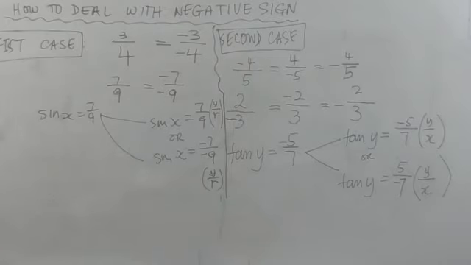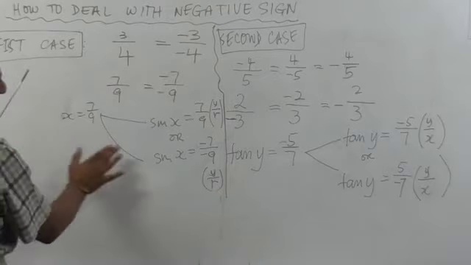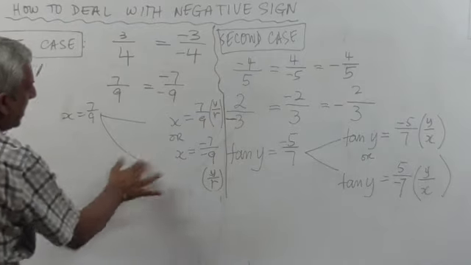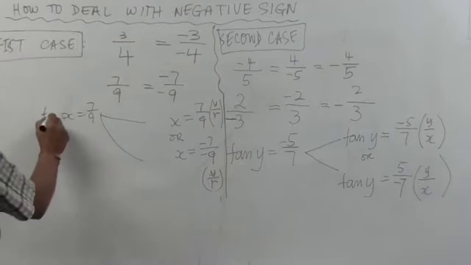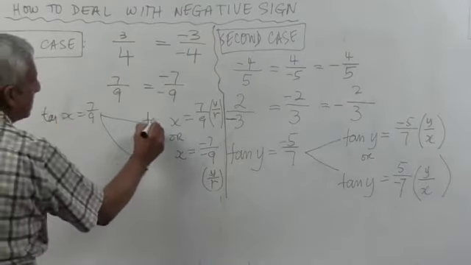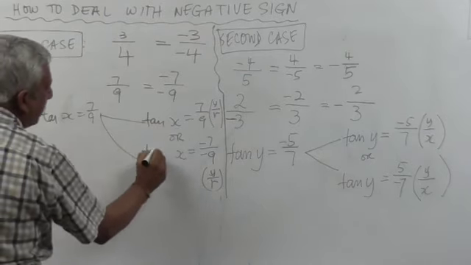Sorry, this was sine. So sine is y over r. Let's not use the example of sine. I'm going to use the example of tan.